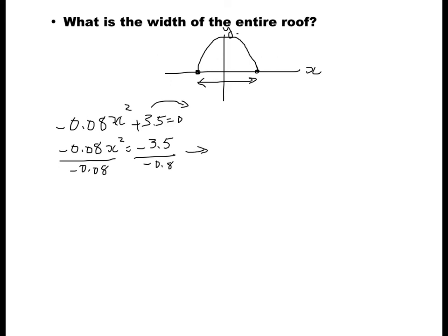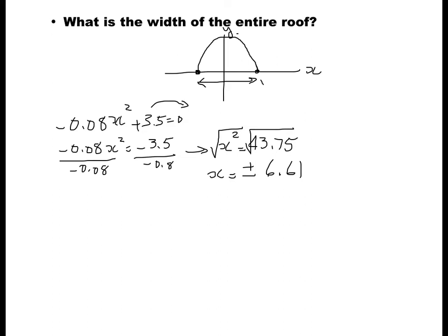And from here we get that x squared is equal to 43.75. We take the square root of both sides and we get x is equal to, remember when you take the square root of a positive number, you get plus or minus. So you get plus or minus 6.61.